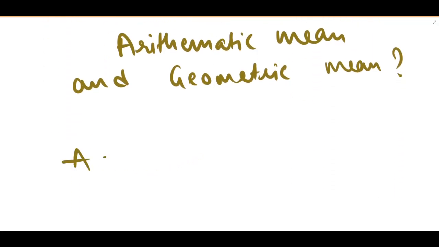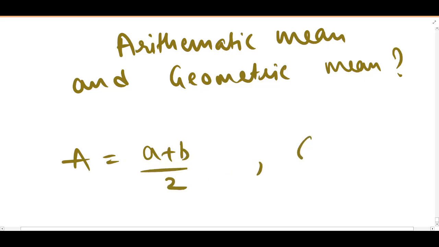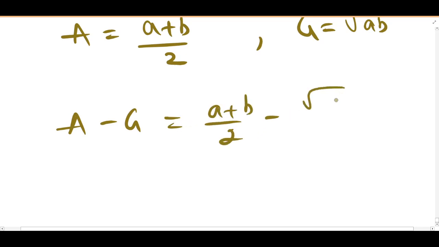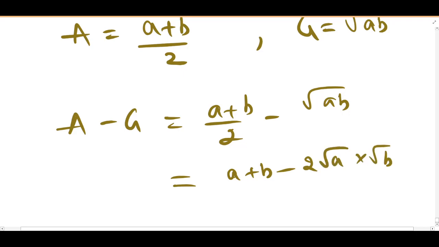So A is equal to (a plus b)/2, and G is equal to root of ab. And A minus G, we can write as (a plus b)/2 minus root of ab, which is (a plus b minus 2 root a into root b)/2.